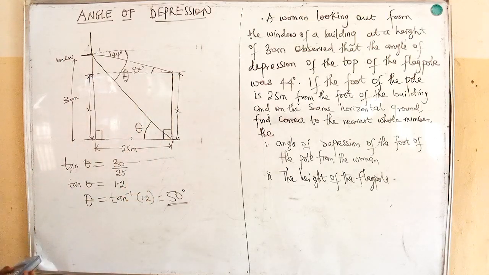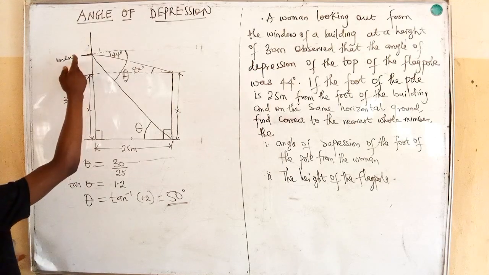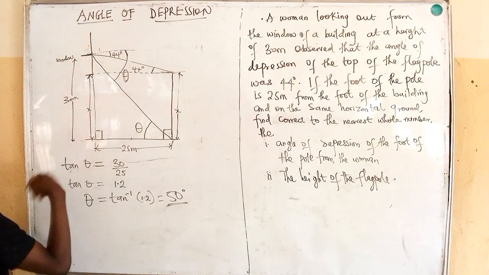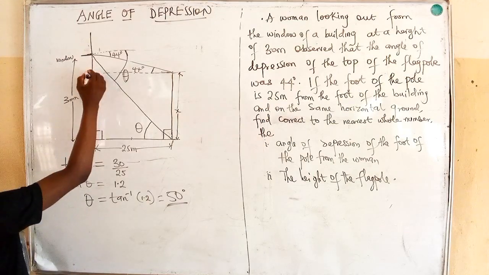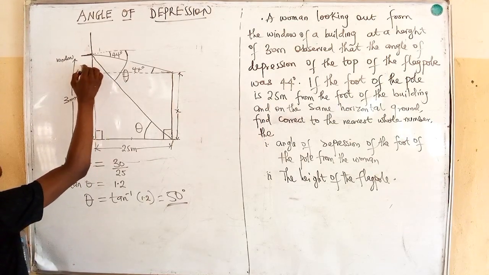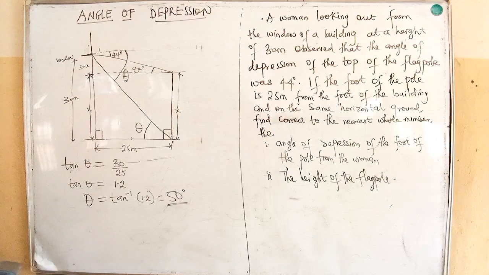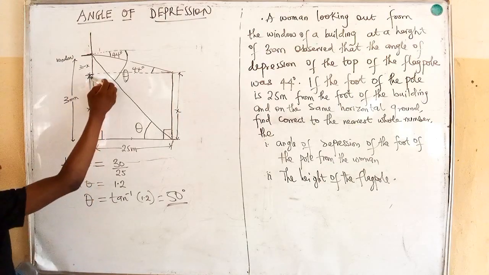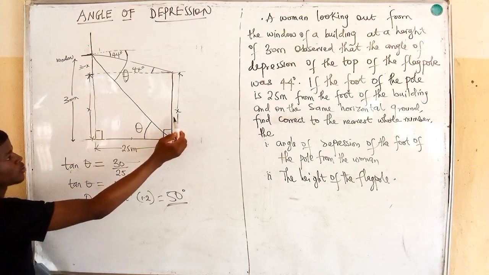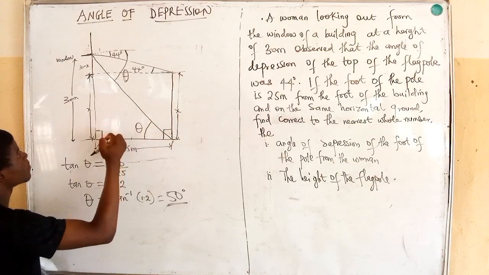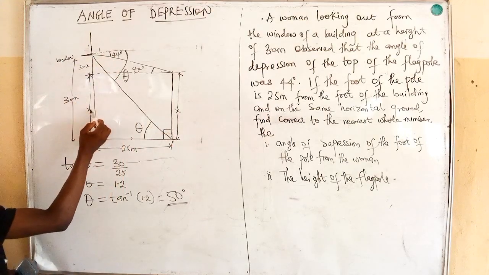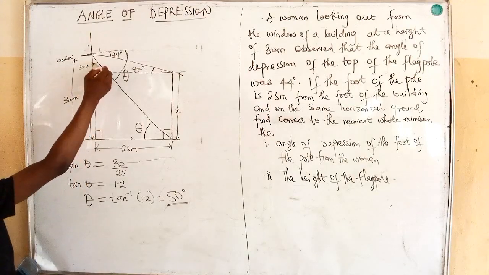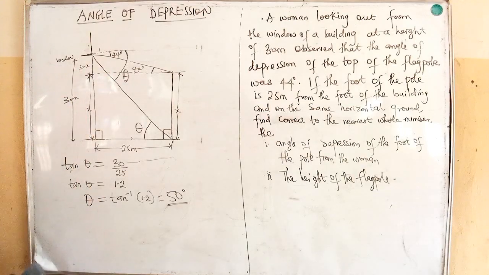Now, you are asked to find x. If the entire distance here is 30 meters and part of it is already x meters, it means that the remaining part will be 30 minus x meters. It's as simple as that. Here is already x, because these two sides are equal. And everything here is 30 meters.